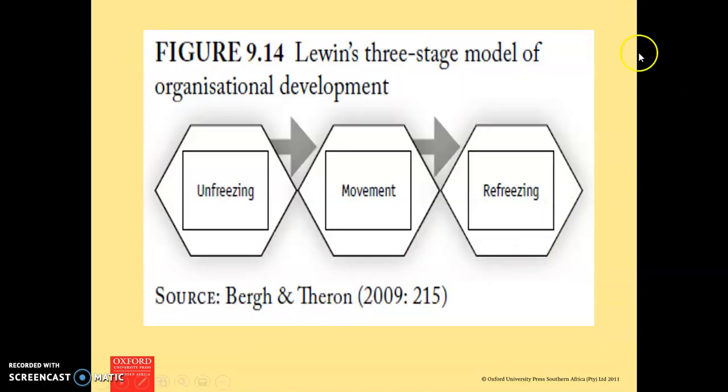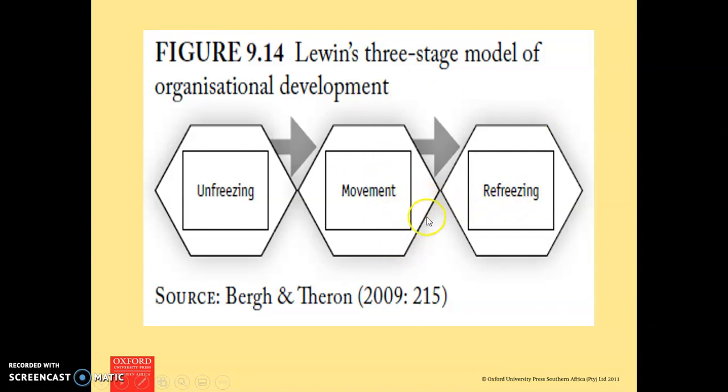So if we look at this diagram, unfreezing is the first stage, where employees realize they have to change, so they move from their comfort zone into their new area where they want to change. So here the actual change takes place. When the actual change takes place, they have to make sure the change is actually permanent.